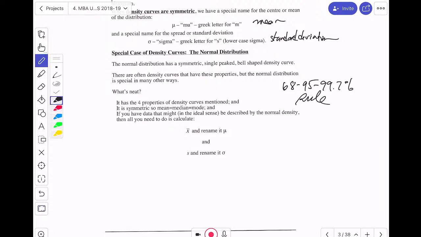Remembering that for symmetric distributions we use the mean and the standard deviation, which I'm going to rename as mu and sigma, I can calculate one standard deviation from the mean and know that most of the observations should lie within one standard deviation of the mean. And within 2 standard deviations of the mean, I could get all the data.